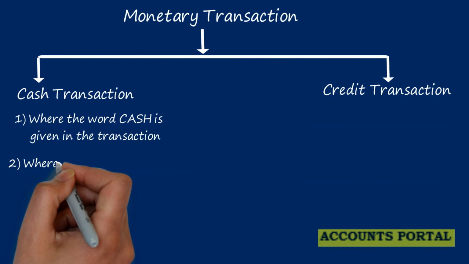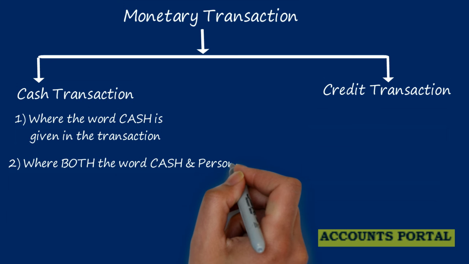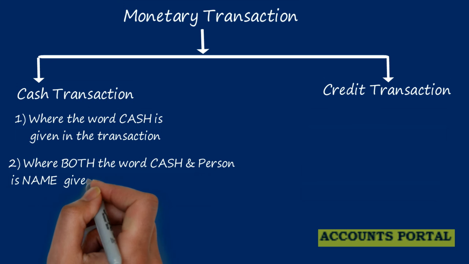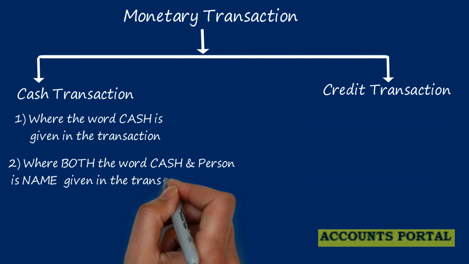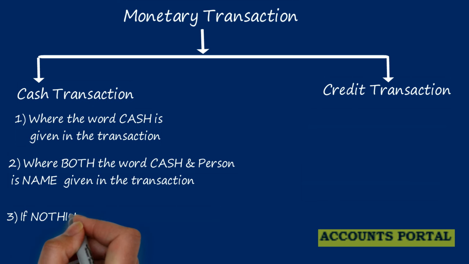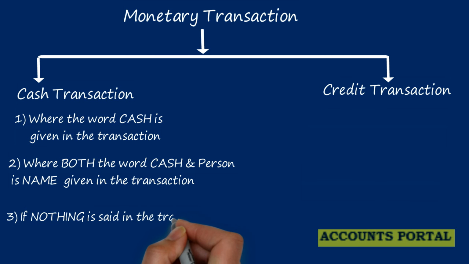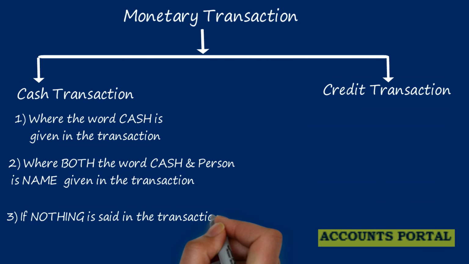Second situation, where both the word cash and person name are given in the transaction. Third possibility, if nothing is said in the transaction. So under cash transaction, how many situations?